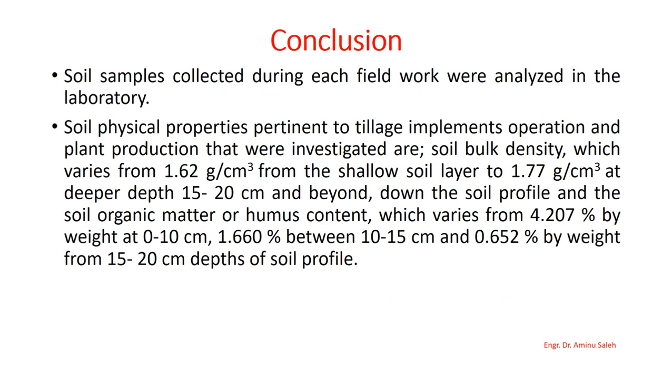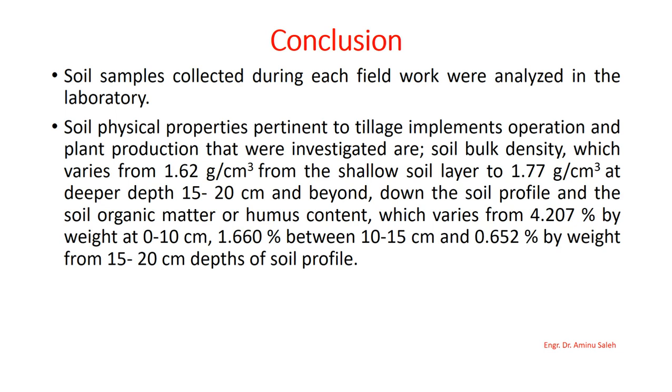In conclusion, we can now see that soil samples were collected in each of the fields and were analyzed in various laboratories. The soil properties pertinent to the tillage operation and plant production were investigated. These include the soil bulk density, which varies from 1.62 at shallow depth to 1.77 at the deeper depth of 15 to 20 centimeter and beyond down the soil profile.